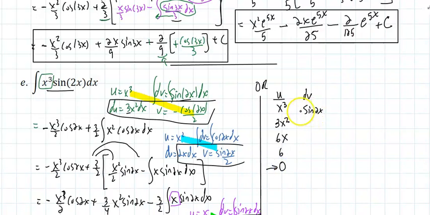And integrate. Integrate again. Negative the sine of 2x. When you divide by 2, you're multiplying those, that's a 4. Integrate again. And integrate one more time. Nope, no negative.